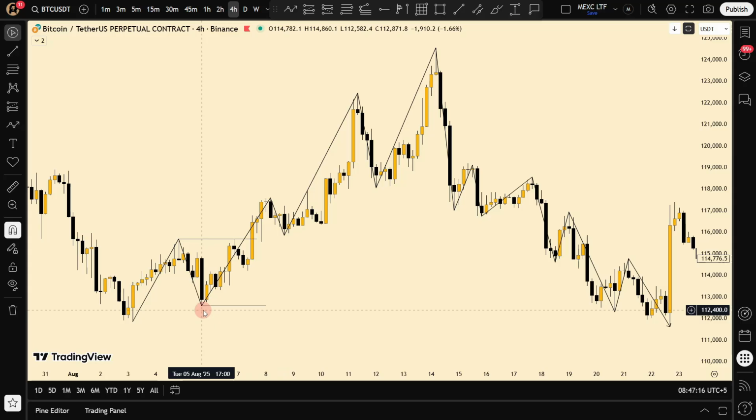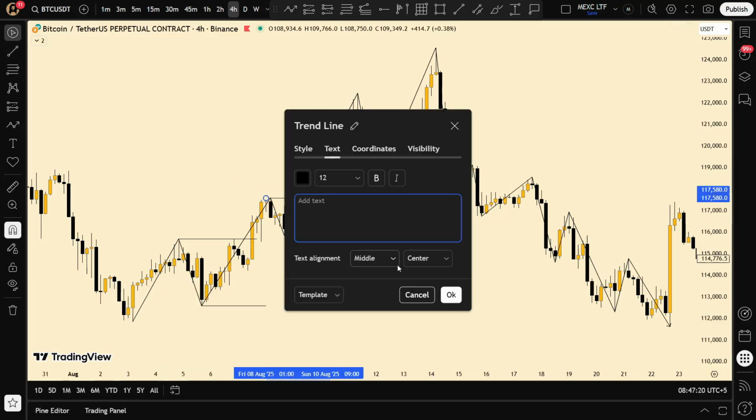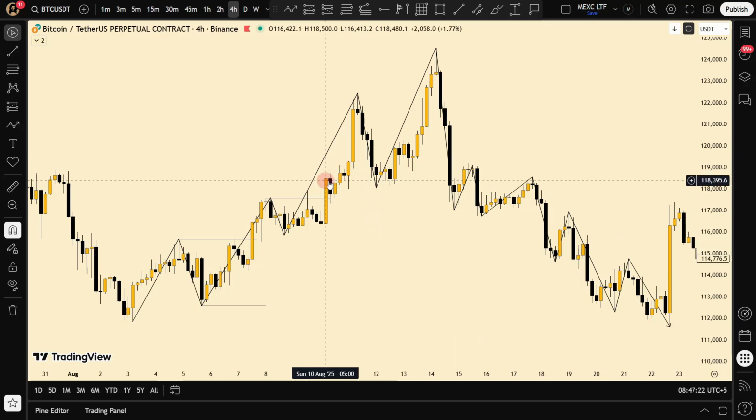This is our protected low. And then we again break structure to the upside with the body closure. So this is not a break of structure. Once we break above this with a candle close, that is when our structure actually shifts, and that is the break of structure.